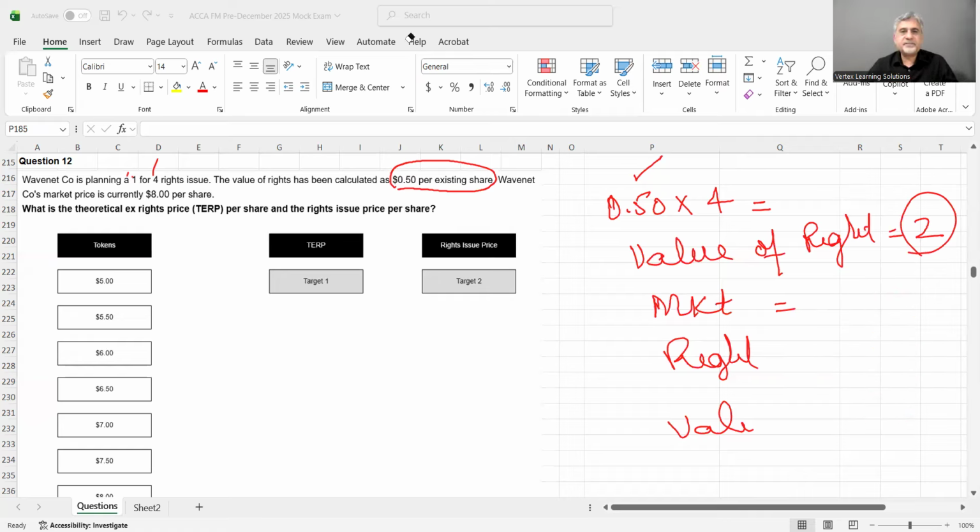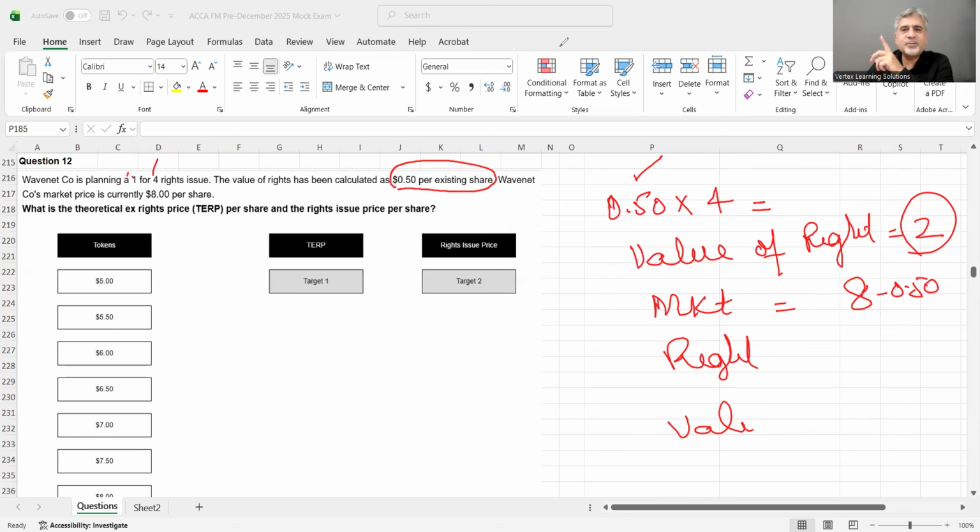So the market price is 8, and I have to subtract 0.50 per existing share, which gives 7.5. What are the answer options?